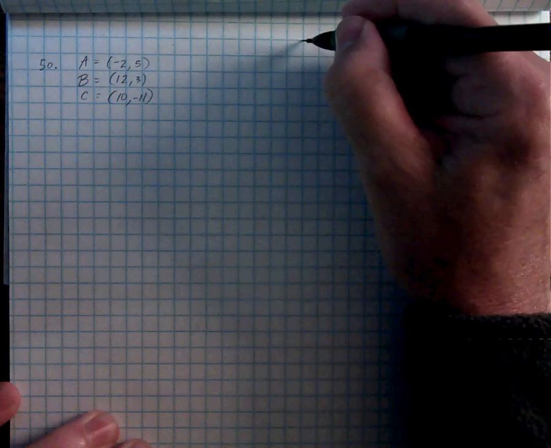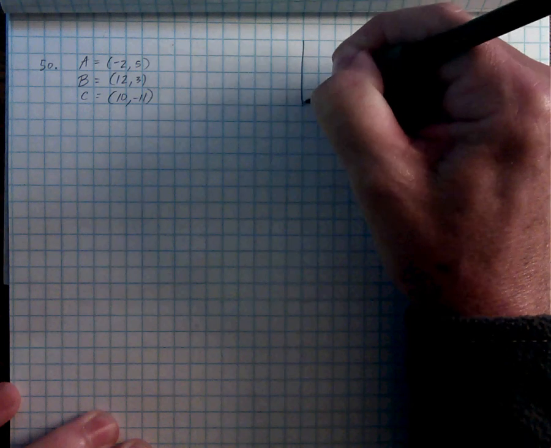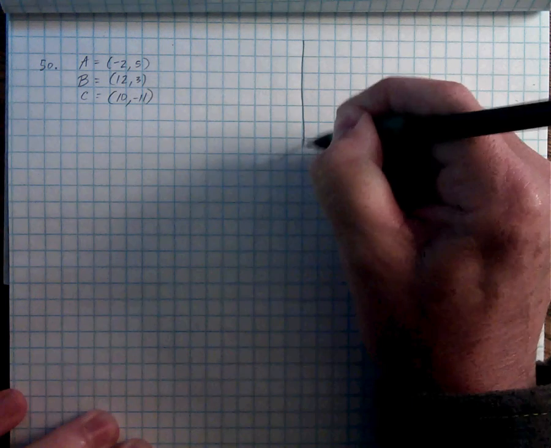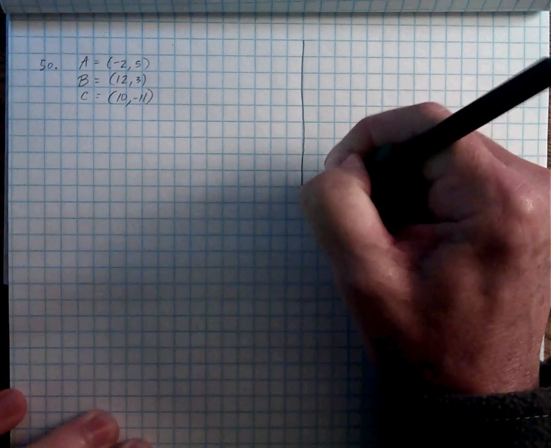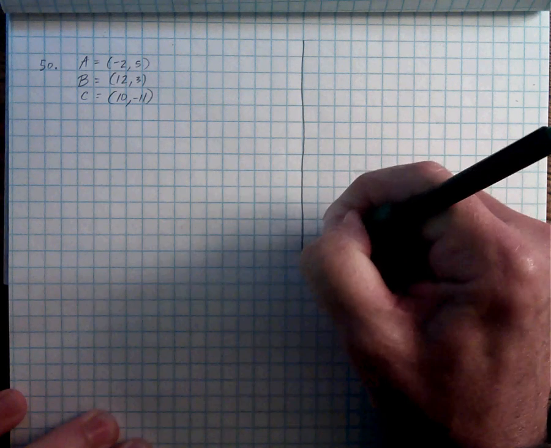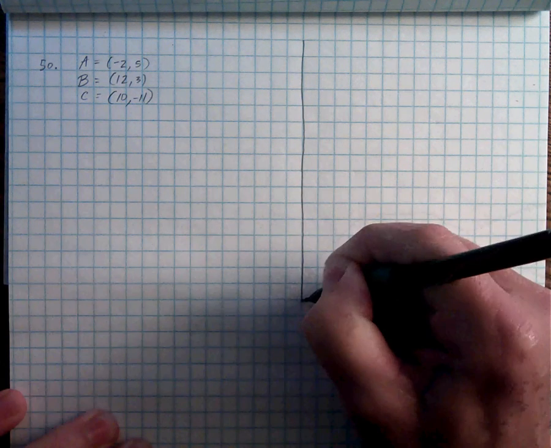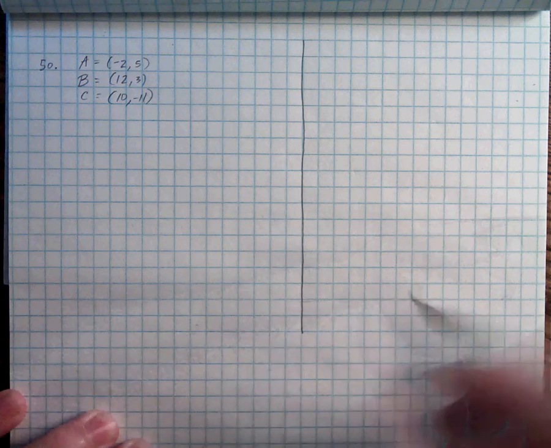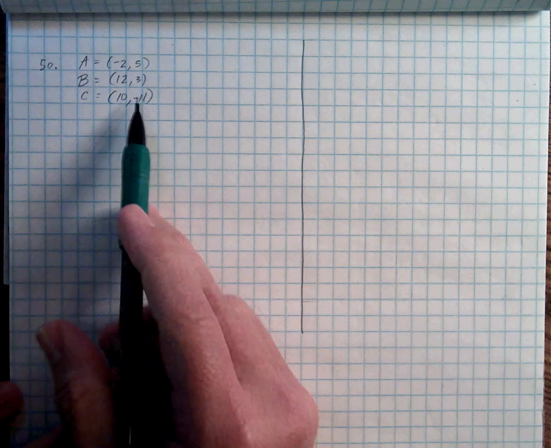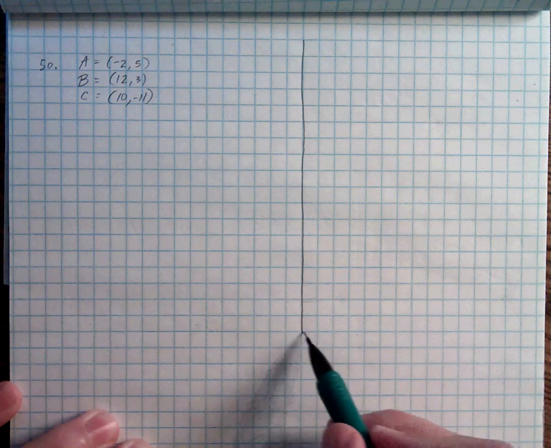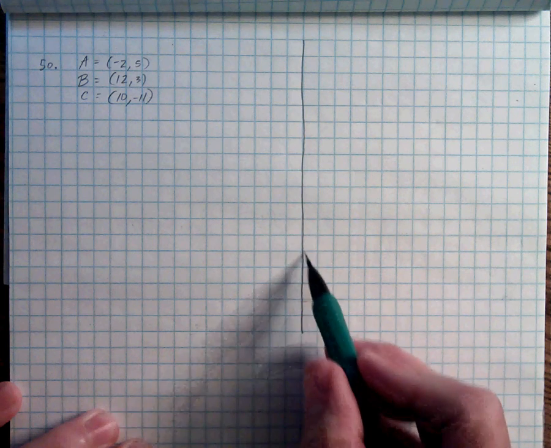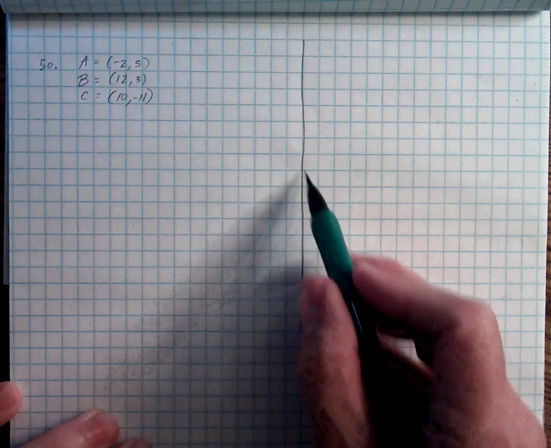So 1, 2, 3, 4, 7, 8, 9, 10, 11, 12, 13, 14, 15, 16. I'll just put 2 more on for good measure, and then since I have to go all the way down to negative 11, 1, 2, 3, 4, 5, 6, 7, 8, 9, 10, 11, 12.